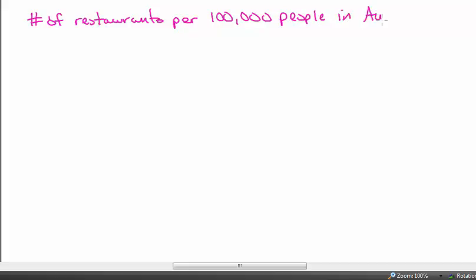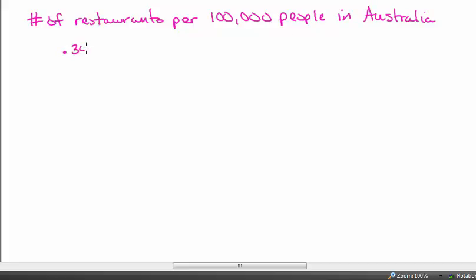Right, so we want to look at some examples of, like, a hard example of ratios. The example in the book gives us the number of restaurants per 100,000 people, and this is in Australia.